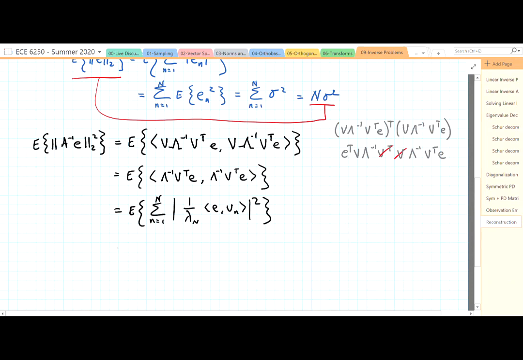Now, following tradition, we've got an expectation and a sum, so let's swap the order, and now we get a sum of an expectation. Oops, that should be little n, 1 over lambda n squared, times the expectation of the absolute value of E inner product with v_n, squared.